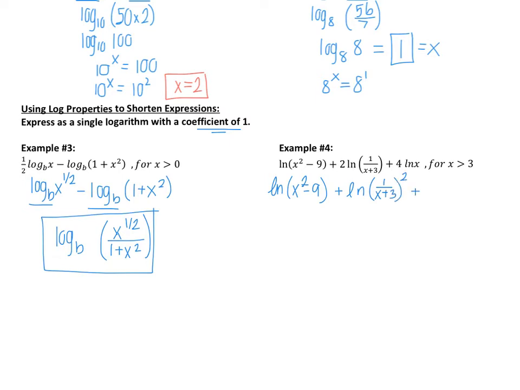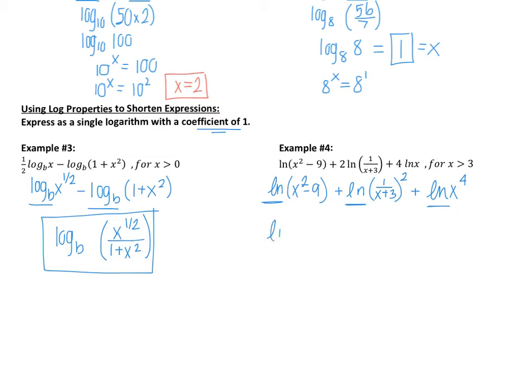Same thing with that 4. It doesn't need to be there. It can pop up to the top and become the exponent. Notice I have a coefficient of 1. I have like bases. They're all ln of e. And they're being added.